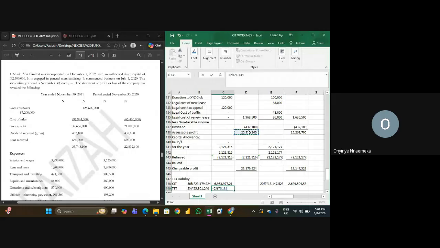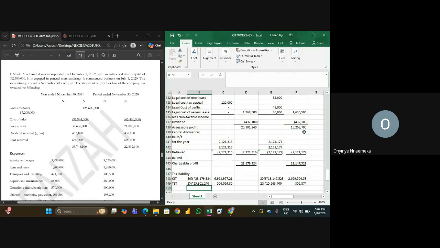Okay, so the total tax liability will be the addition of these two.